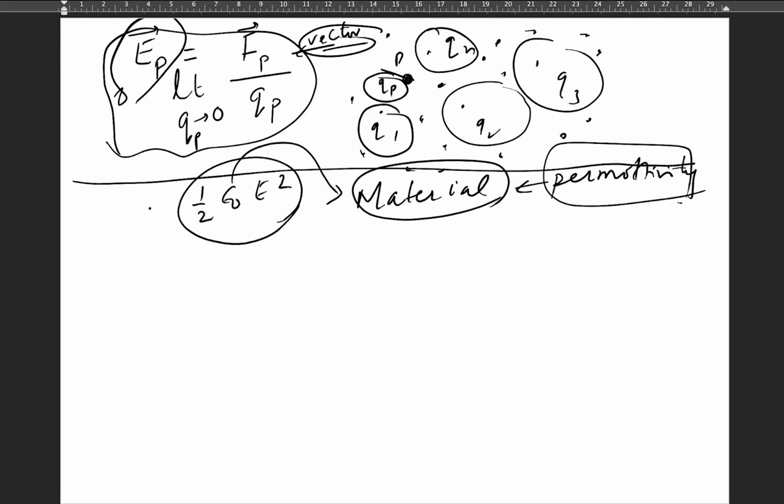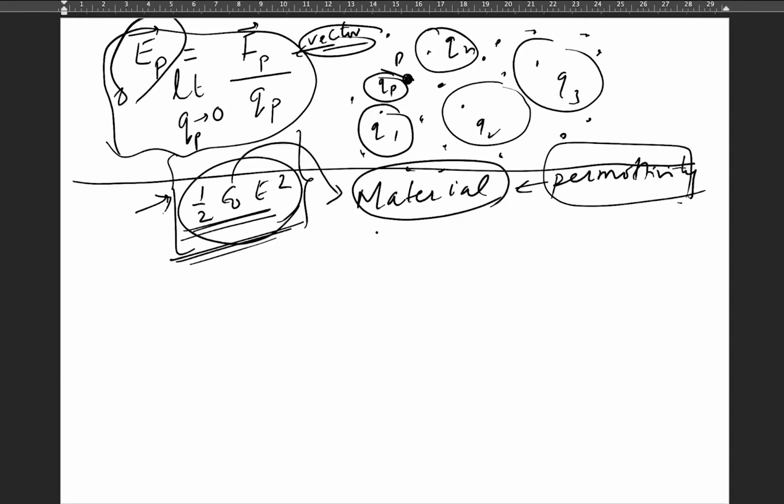So you see that this field is carrying with it an energy density of this much, so it has some physical sense in itself. So it is not purely imaginary or a theoretical concept. It really has some physical meaning.